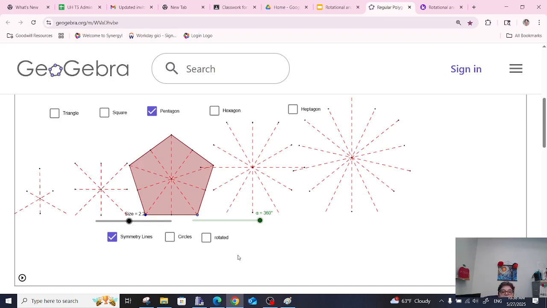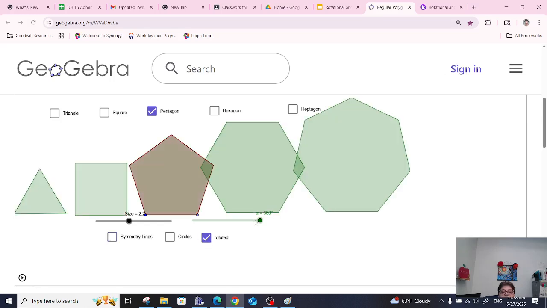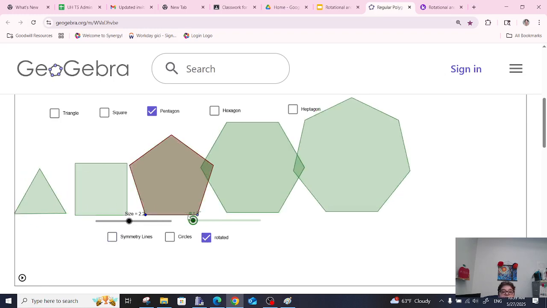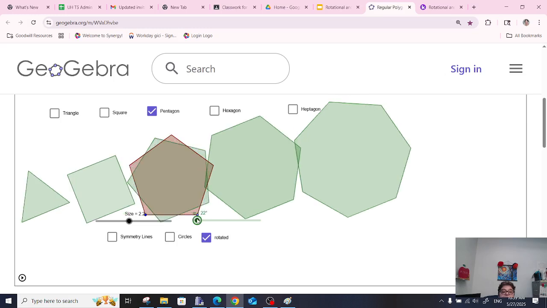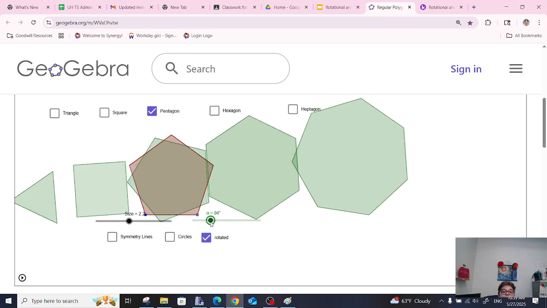And then to get the degrees of rotation, 360 divided by 5, we did that earlier. That's 72 degrees, right? So every 72 degrees, I should lay right on top of each other. So here's 72. 72 plus 72 is 144.